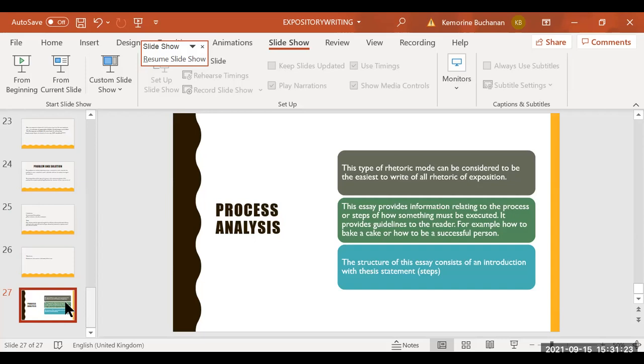And in this case, your thesis statements aren't just points, your thesis statements are steps, right?